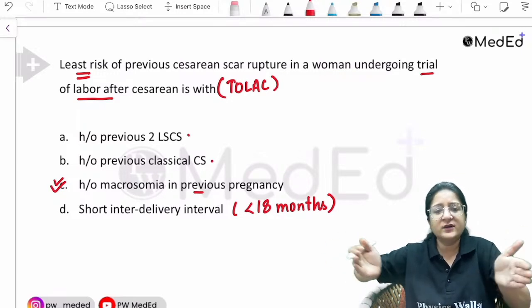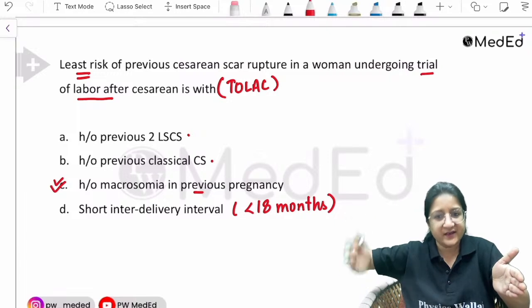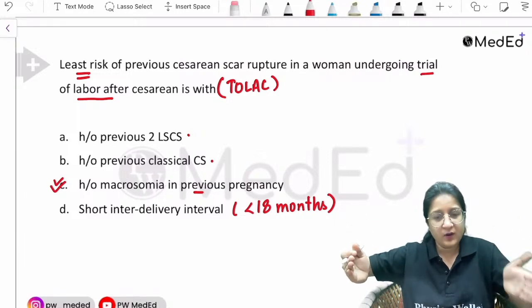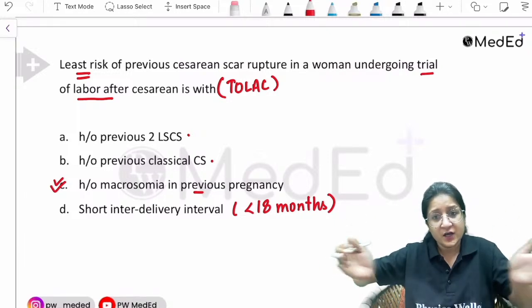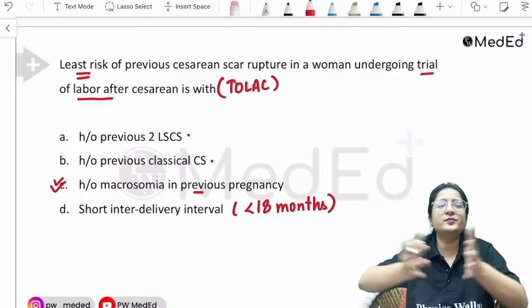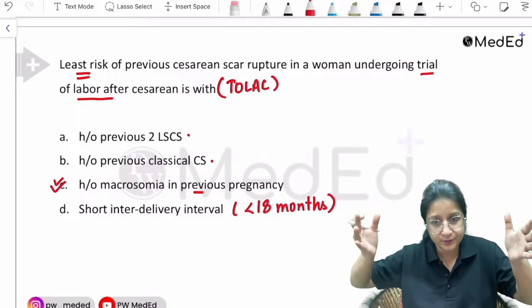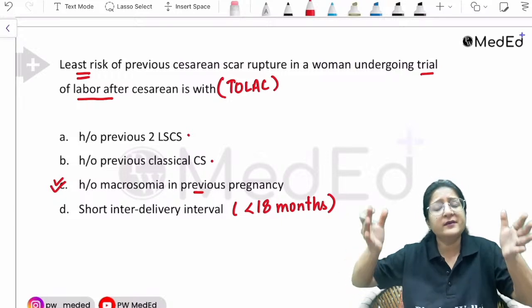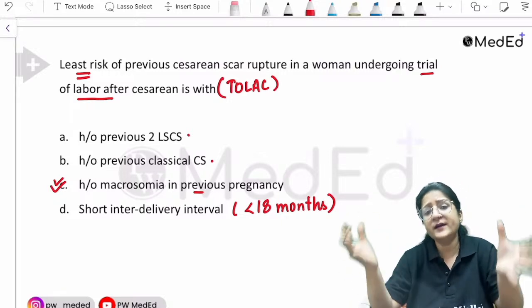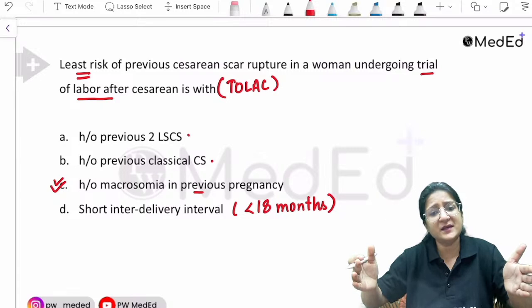Between the previous cesarean section and now, this duration is less than 18 months. So the time required for proper healing of the uterine incision and scar has not been there.